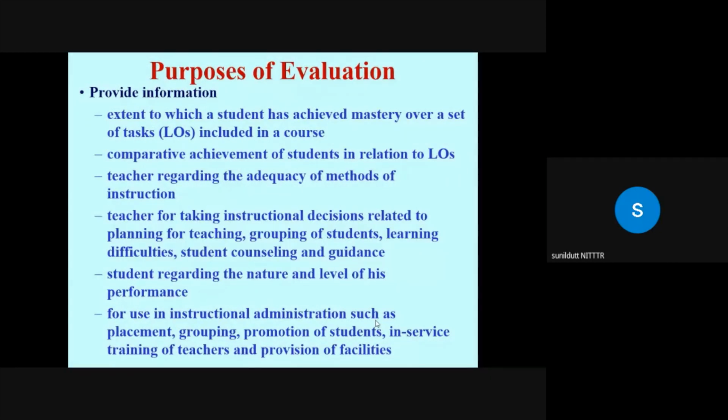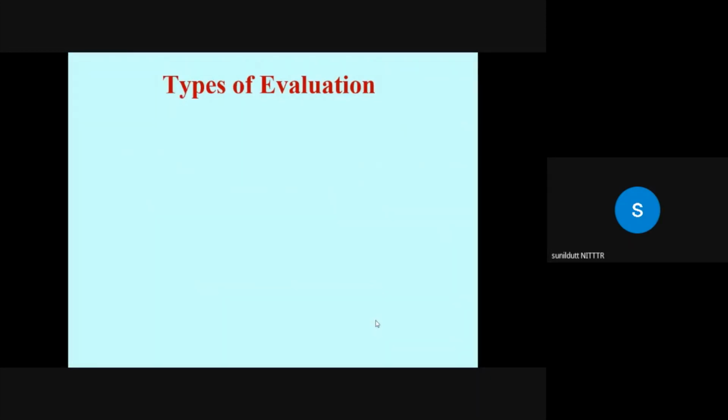Say the course is new and the teacher is not trained in that particular subject, so there is a need to send the teacher for updating his knowledge in the particular area. And sometimes the student's performance is low because of inadequate facilities available in the laboratory or in the department. So there is a need to procure the facilities. Okay, so the basic purpose is to obtain information.